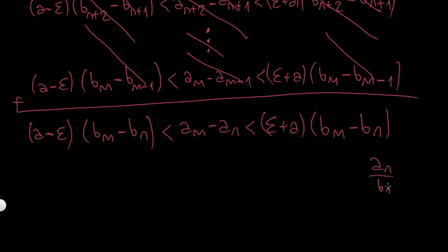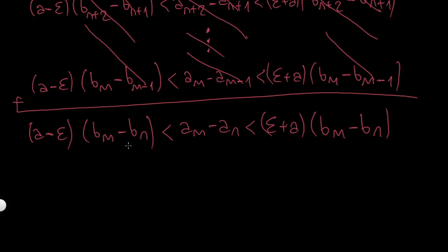So I want to squeeze this thing, or this is equivalent to squeezing a_m over b_m, because if I squeeze this, it's squeezing this thing, and the limit of a_n over b_n is of course equal to the limit of a_m over b_m. And here I could actually do both, but I would need to swap this m and n, or I could just deal with negatives.